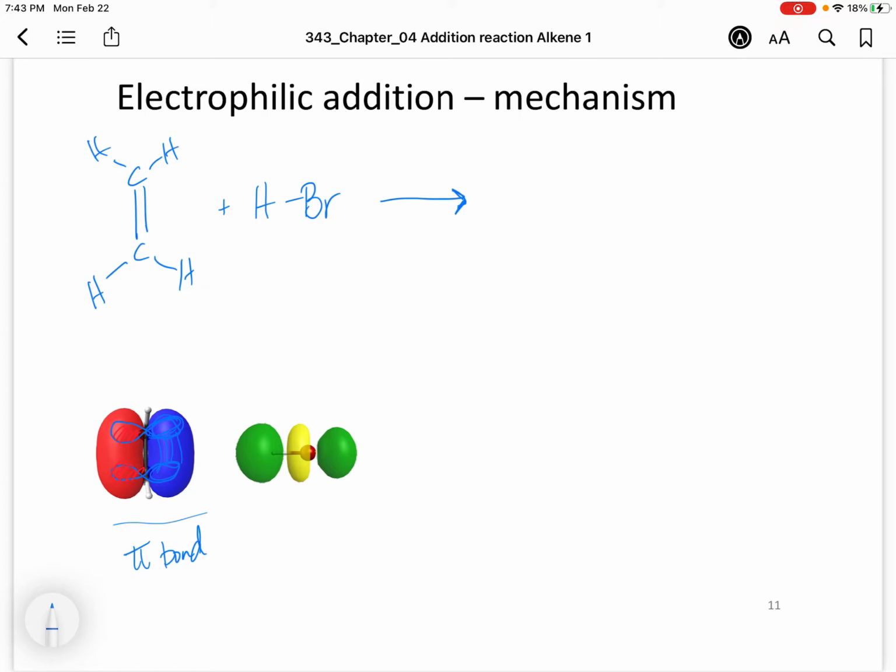What happens here is that we end up getting our HBr added across this pi bond. Again, we're breaking a pi bond and breaking this single HBr bond, and we're making a new CH and CBr bond. Let's draw in our hydrogens.